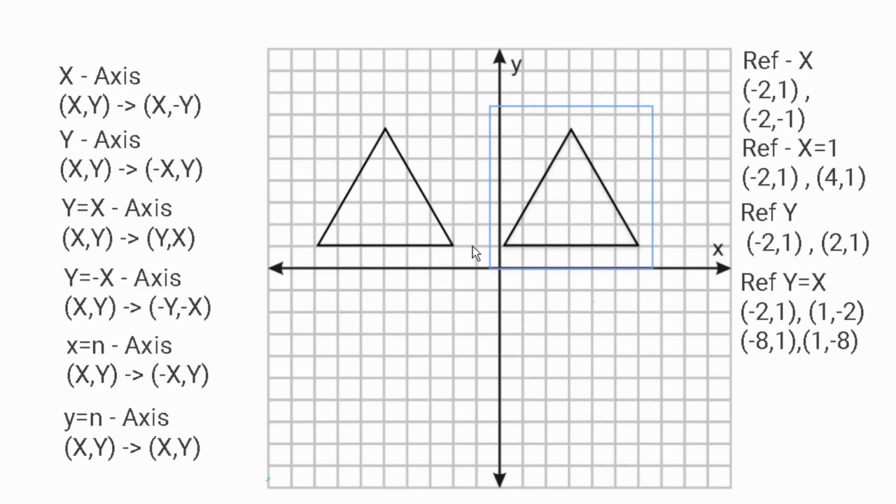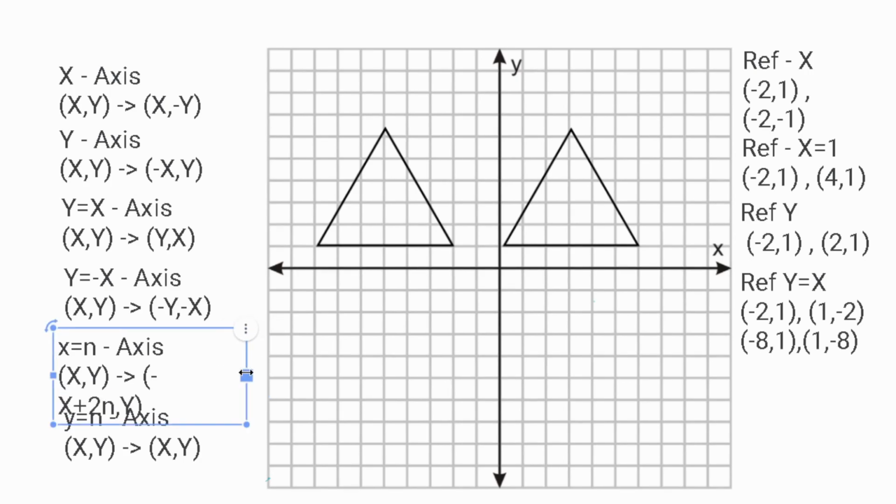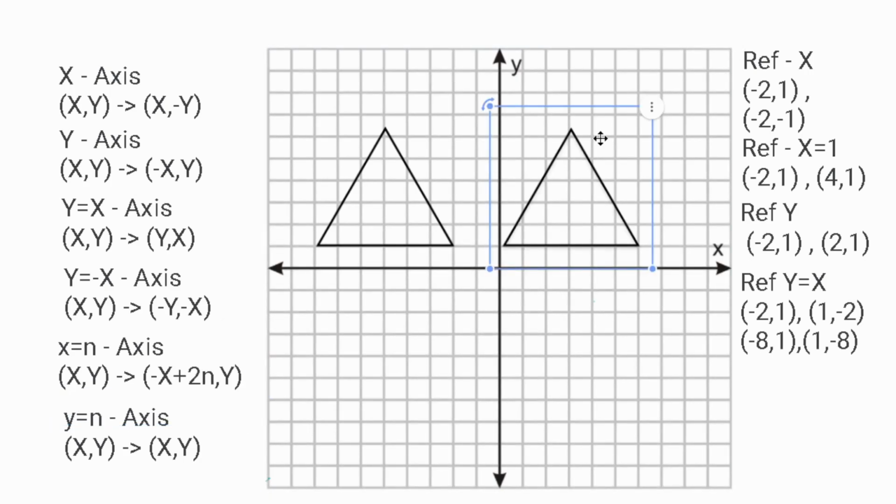Times the number we added from it. So let's just write out the formula. So we got x equals negative y plus 2n. Whatever you're adding.